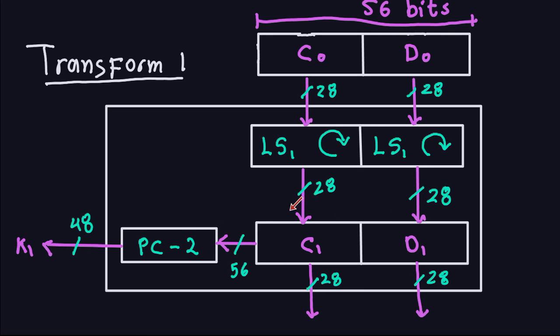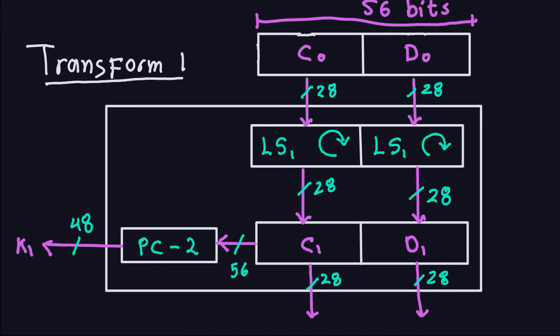That's my 56 bit block. At the end, I apply the permutation PC2, the one we just saw, and I get out my 48-bit block, which is the subkey K1 that will go into round 1 of the DES. Now, I told you that we have to be careful here because some of the shifts are 1 bit or 2 bits.